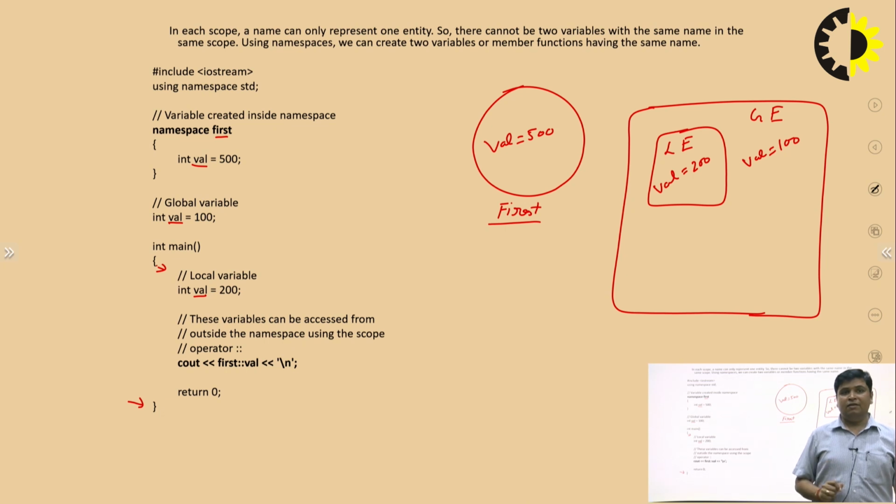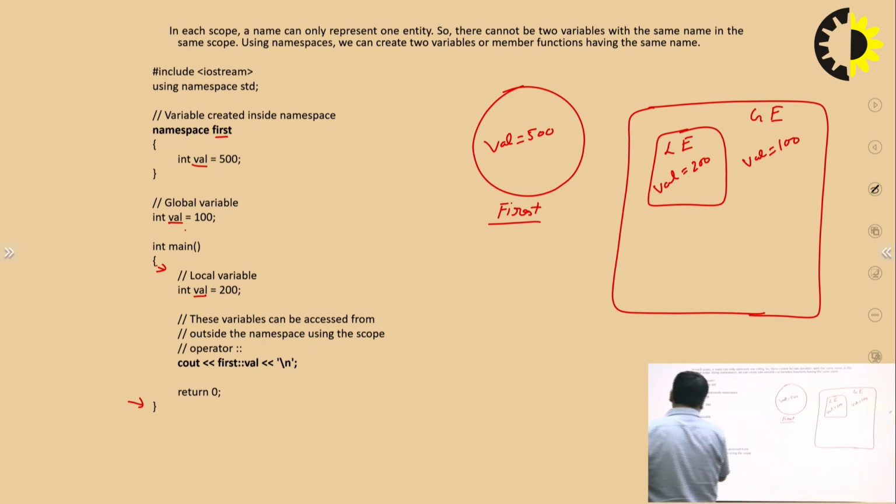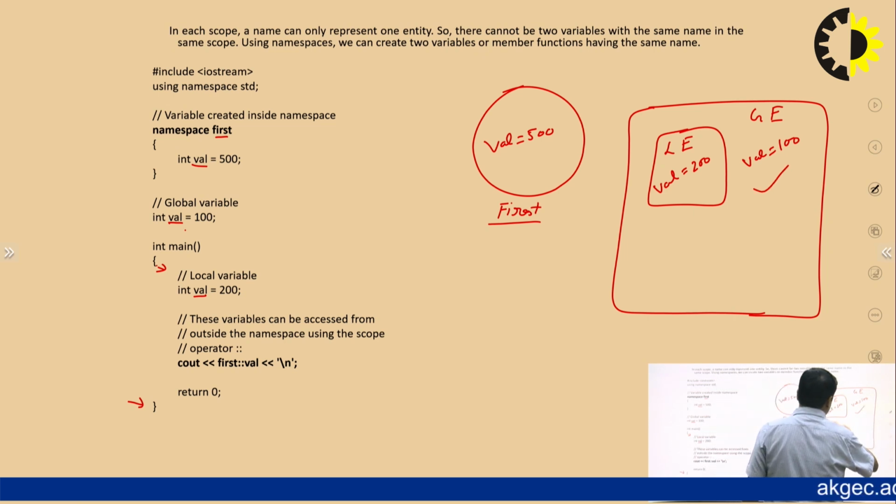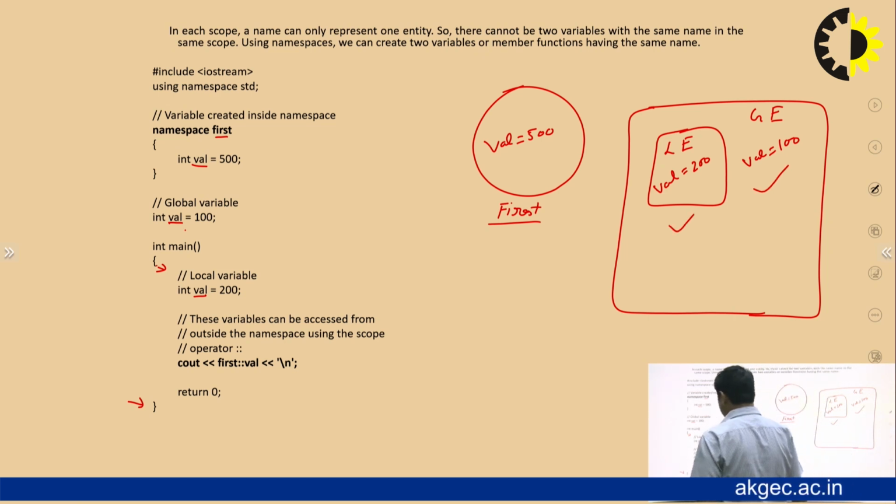The name of this region is first. For this program, the compiler will create the environment, we can say space. The first space is called local and global. Two spaces will be created. You will see here, the global variable will take place in this environment and the local variable in this environment.